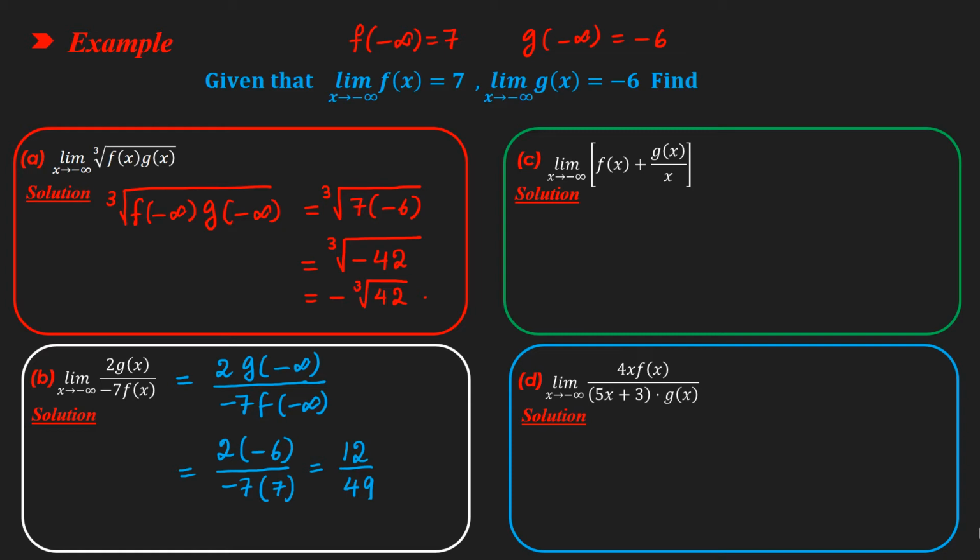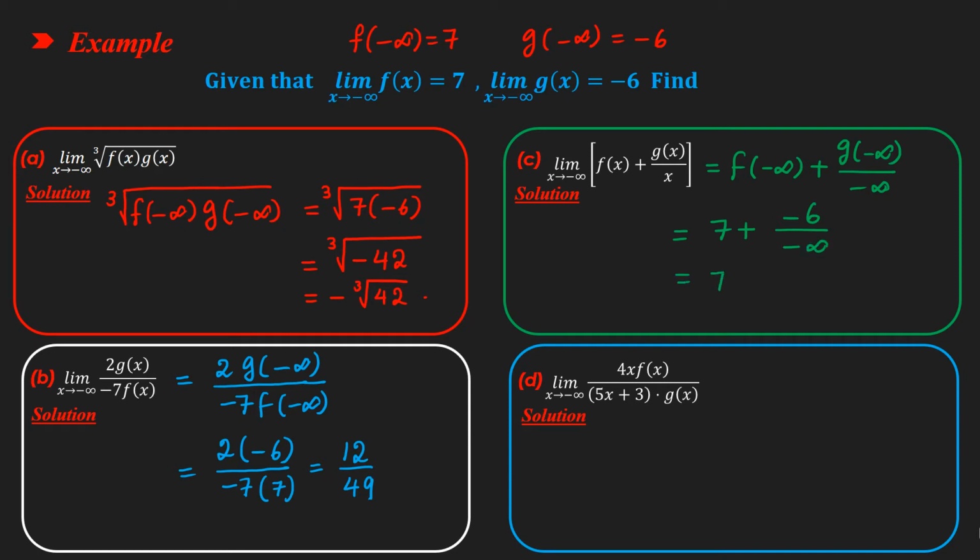In part C also we have a direct substitution, so our limit equals f of negative infinity plus g of negative infinity over negative infinity, which equals f of negative infinity, which is 7, plus g of negative infinity, which is negative 6, divided by negative infinity.